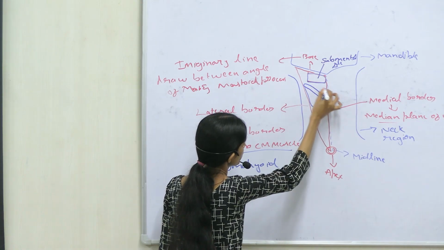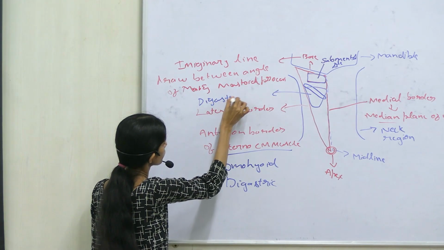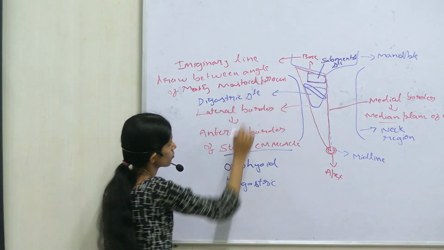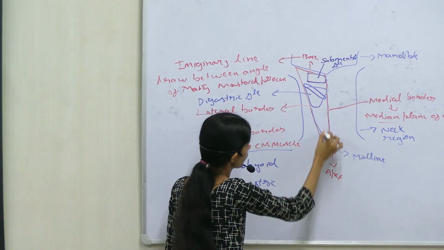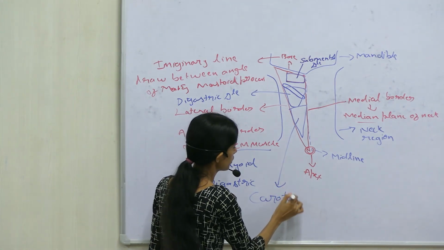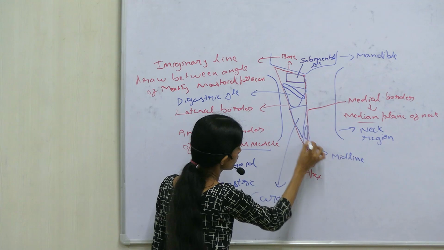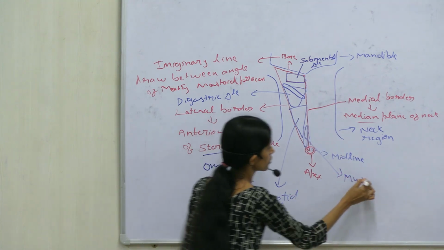Imagine, so this part will give rise to your digastric triangle, and later here we have the important triangle, that is carotid triangle, and the remaining, this one is the muscular triangle.